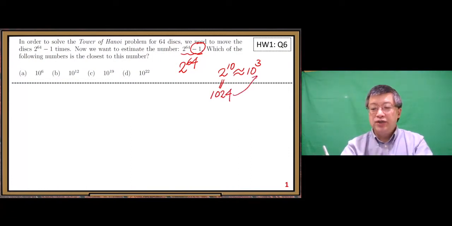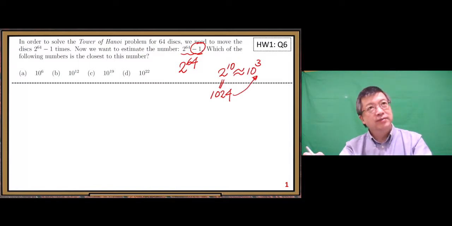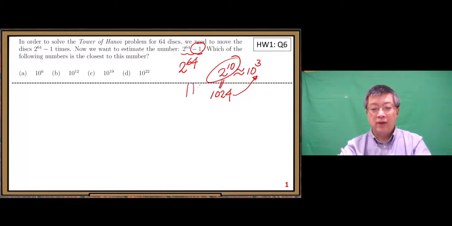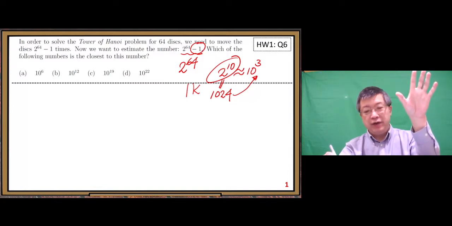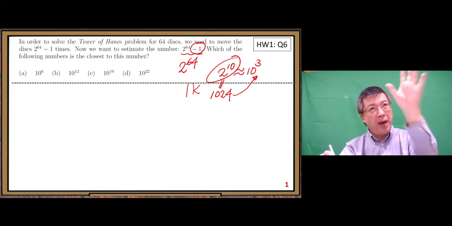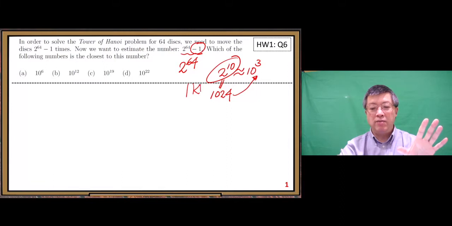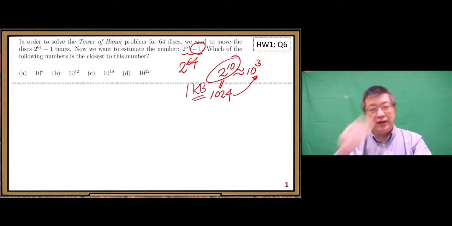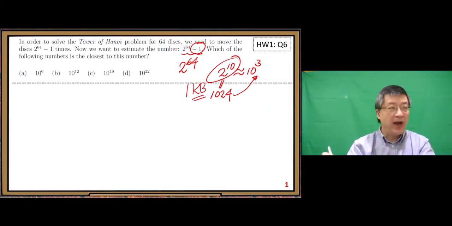Is it pretty close to 1000? Yeah. This is 1 kilo, 1K. When we have 2 to the 10th bytes, that's 1 KB, 1 kilobyte. We use that approximately.